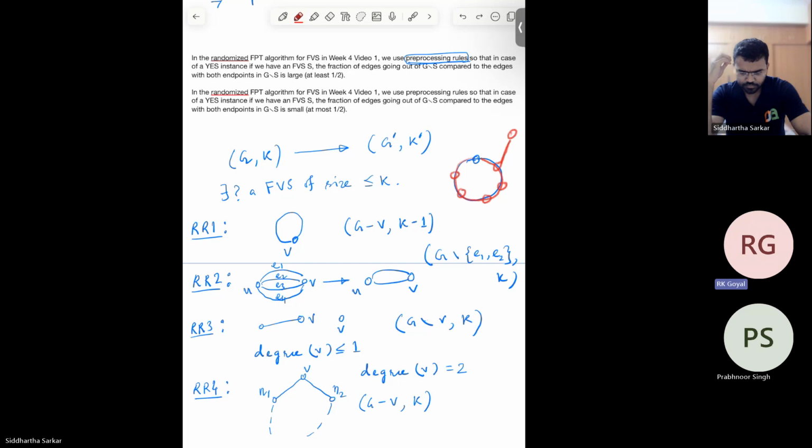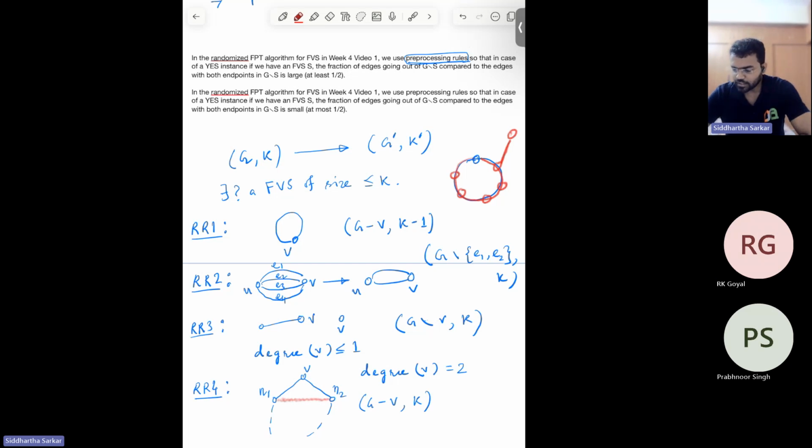Yes. So then I can think of a case. Say if we can somehow show that there is either a direct or an indirect edge between N1 and N2, then I can show that yes, definitely there would be a cycle through the vertex V. Yes, yes, yes, yes. That is exactly what they do.